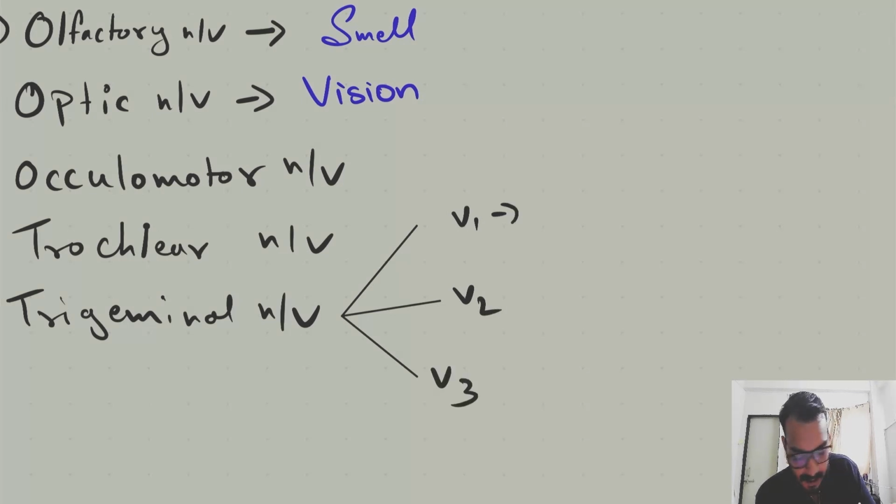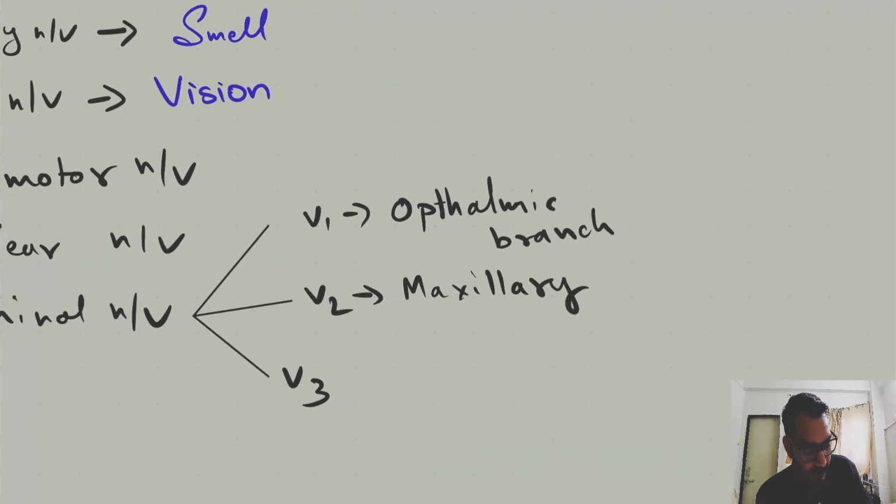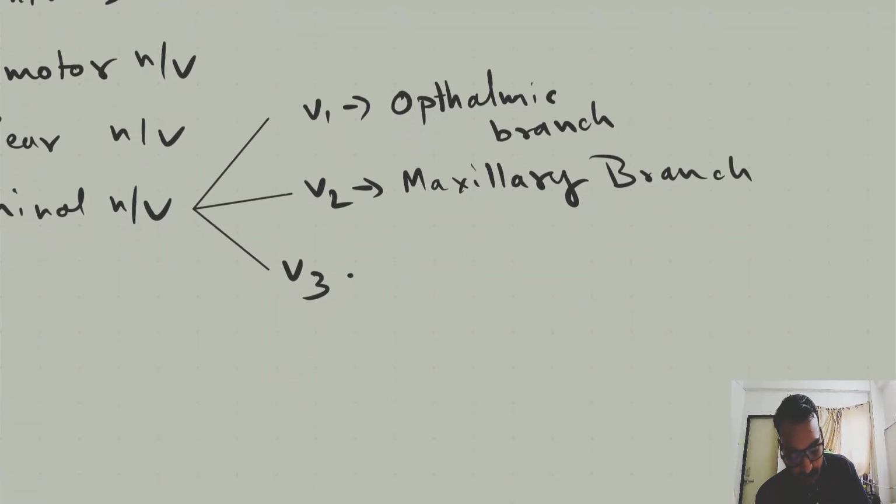The first one is ophthalmic branch. The second one is maxillary branch. And the third one is known as mandibular branch.